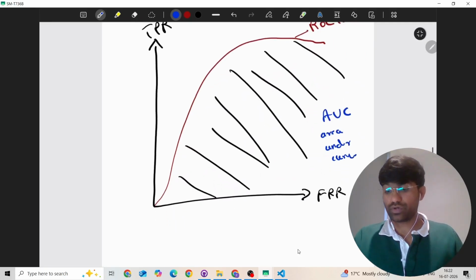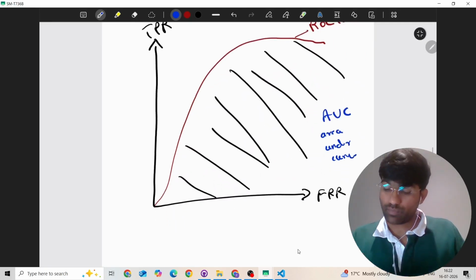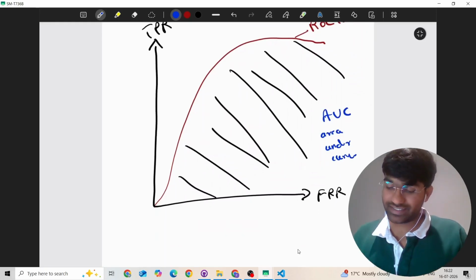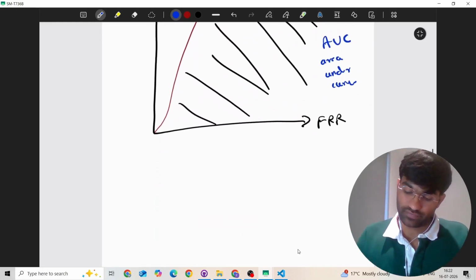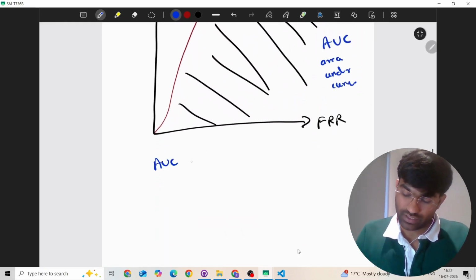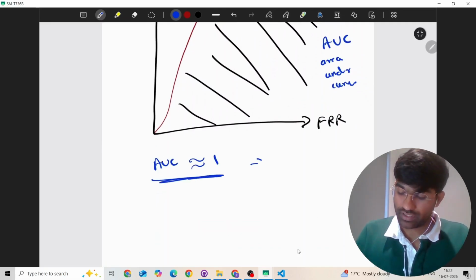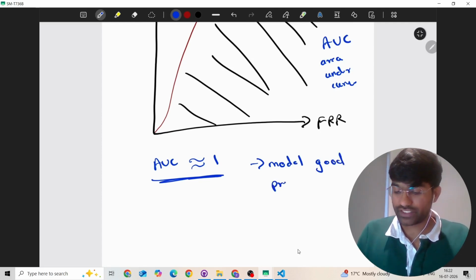This covers all the values for which the model is making predictions. If the AUC score is near to 1, then the model is good. It is making good predictions.